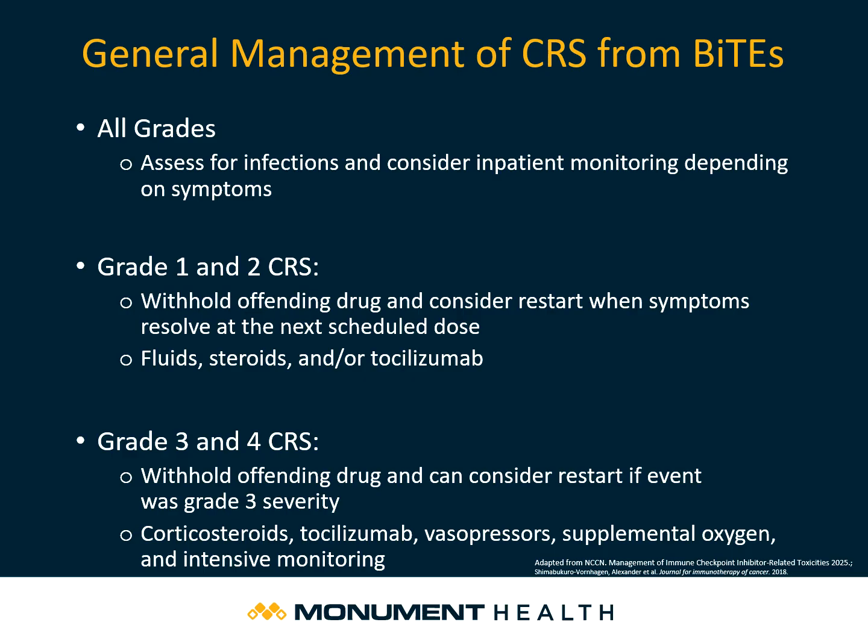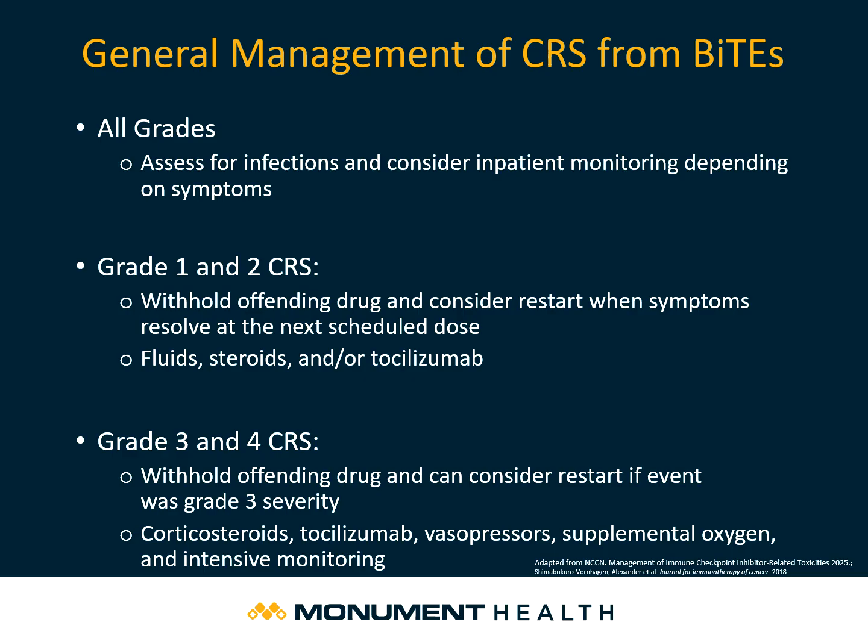Fluids and steroids are given to treat less severe CRS, but if the patient were to not respond to steroids within a 24 to 48 hour period, this is where IV tocilizumab can be considered, where one dose of it would be given at an 8 milligram per kilogram dosing. If the patient then has more severe CRS that requires vasopressor and or supplemental oxygen support, this is where intensive monitoring in an ICU level setting is recommended.